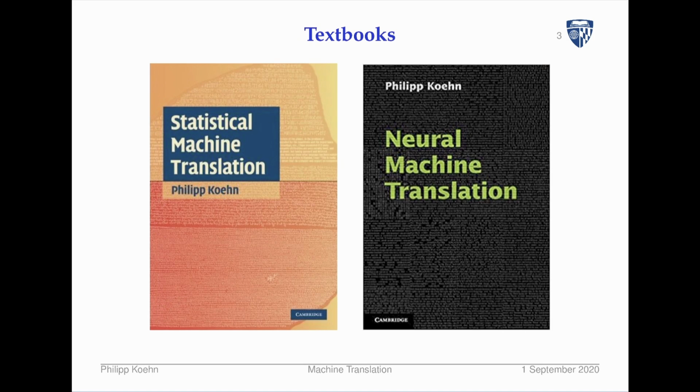So the introductory lecture today will introduce the problem of machine translation in fairly broad strokes. We're first going to start with some history of the problem, the kind of methods that evolved over time that we applied to machine translation.